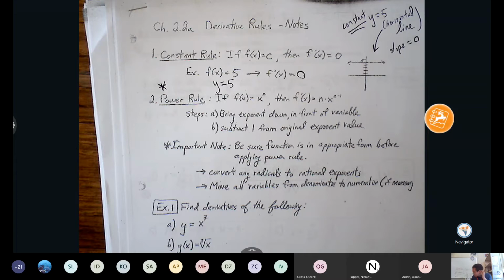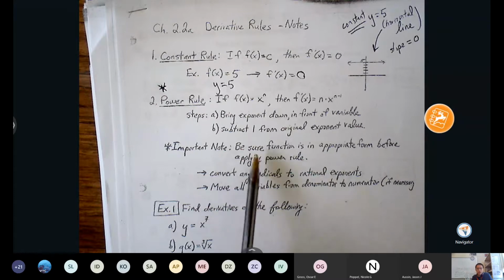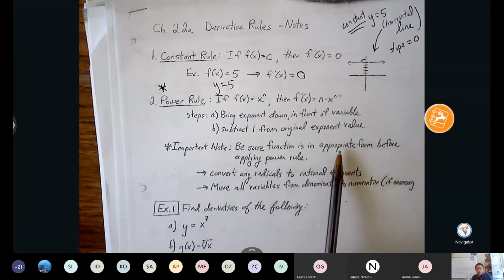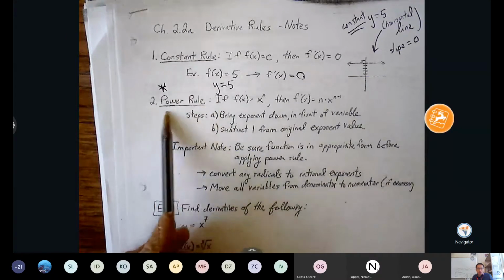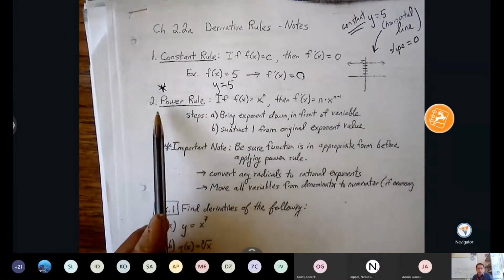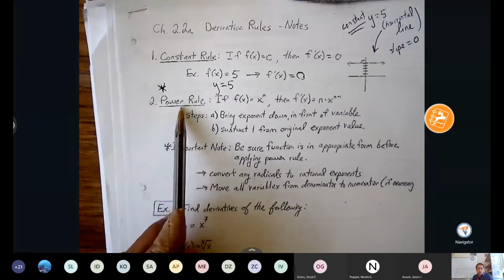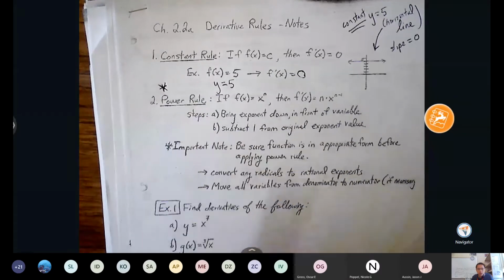As often as you're going to be using power rule, we have to make sure that we work within the conditions that are required for power rule. Sometimes the issue with power rule is we do it when it's not in the correct form.